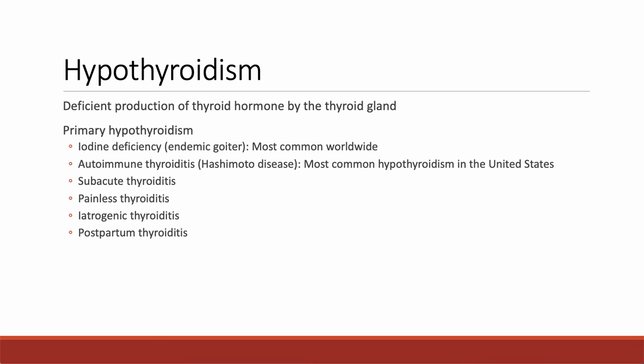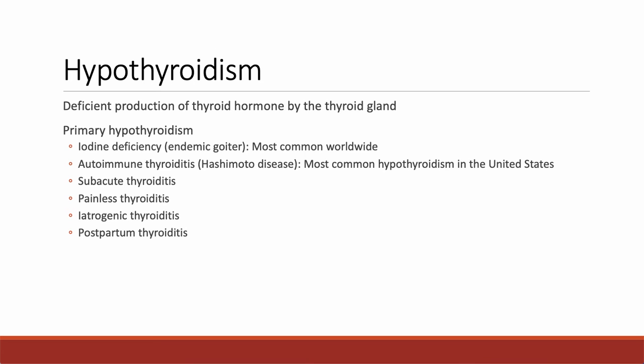Remember that when we see hypothyroidism, the way you'll recognize it in most cases is the TSH is super high, because the pituitary gland is trying to stimulate production of T3 and T4 in the thyroid.